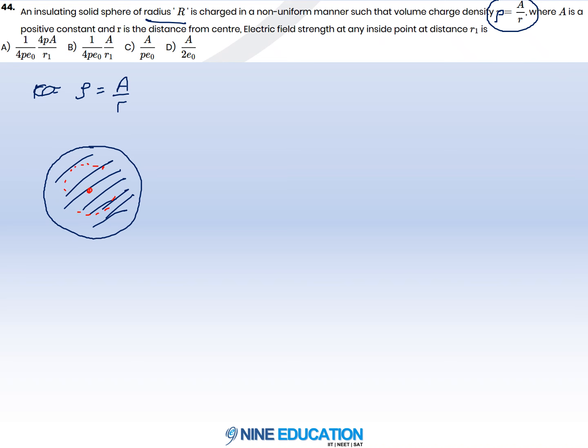So let's make a Gaussian surface at this point, which is at r1 distance. Electric flux, integral of E dot dA, equals q in by epsilon naught. Electric field is symmetric, so we can write E into 4 pi r1 square equals q in by epsilon naught, where q in is the charge inside this sphere.